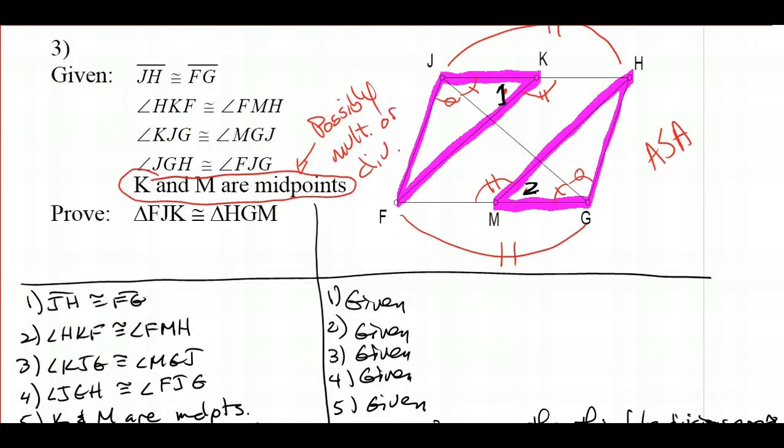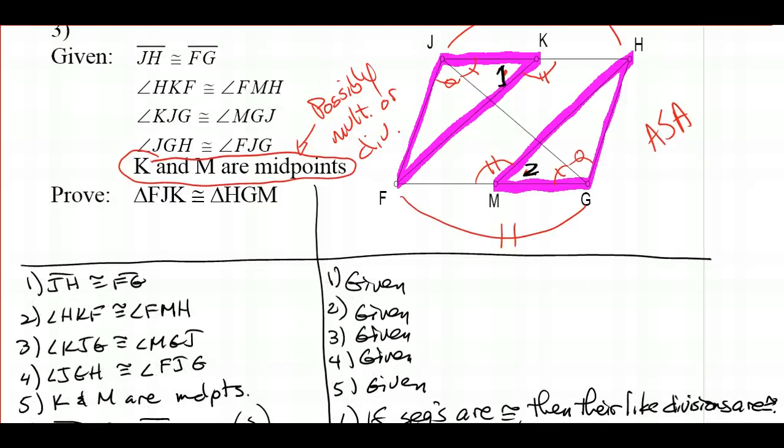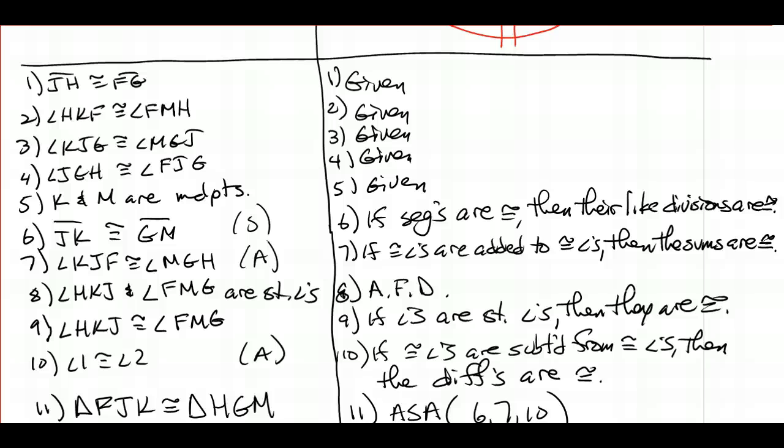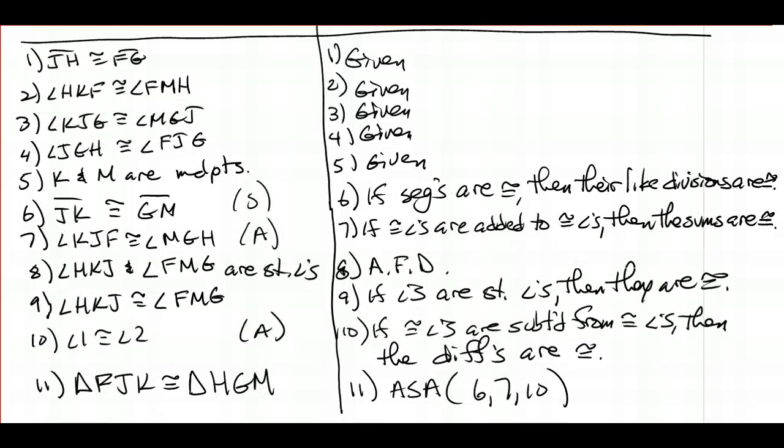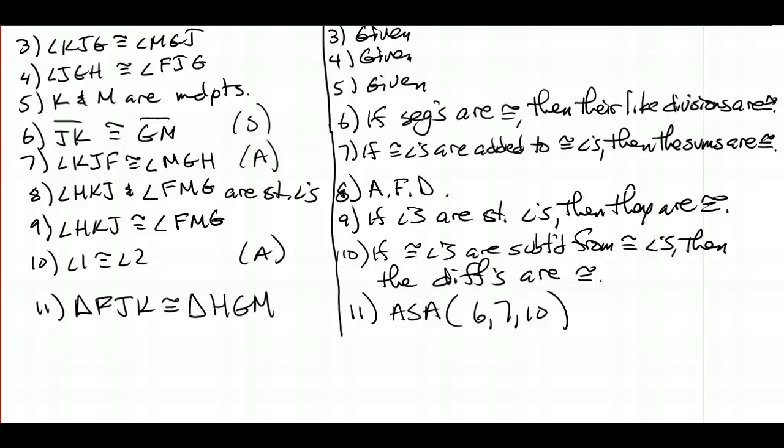Then we have to get angle 1 and 2 congruent, so since I know those big angles on the outsides of the triangles are congruent, I could use subtraction from straight angles, so I need to state the straight angles in step 8. That's assumed from diagram. Then we say that the straight angles are congruent. And if you're going to use supplements, you don't need step 9, but you would need 2 other steps to state the supplements on the top and bottom.